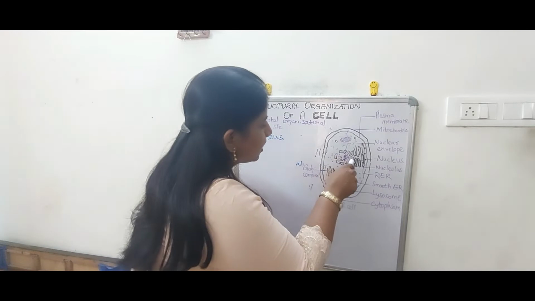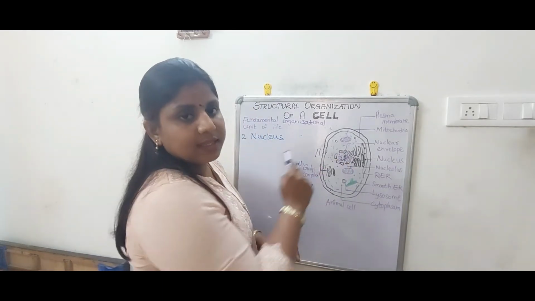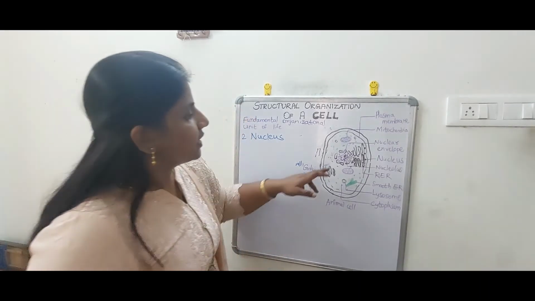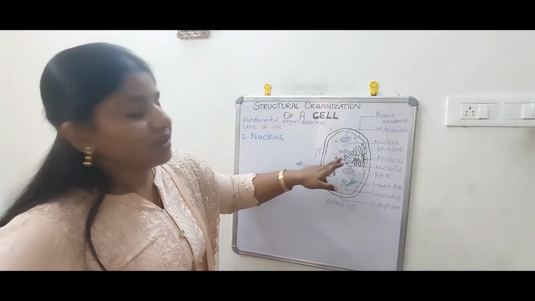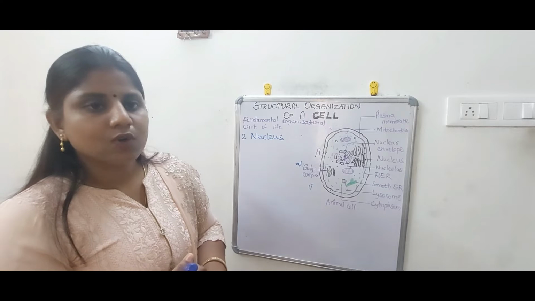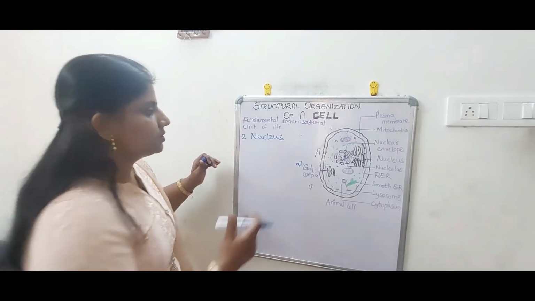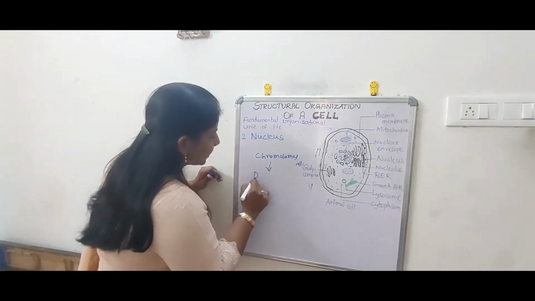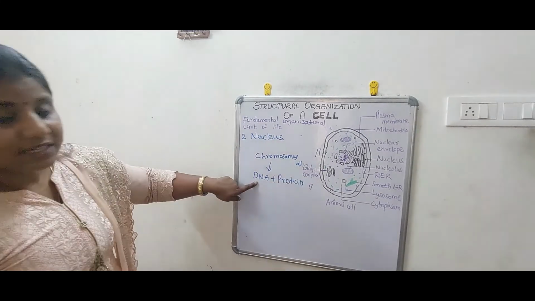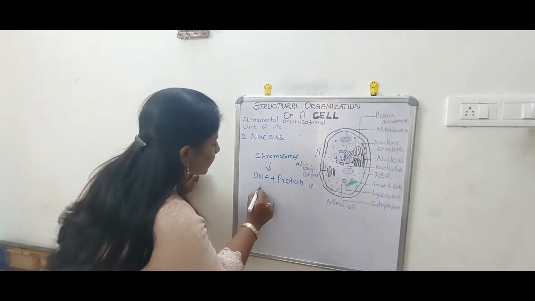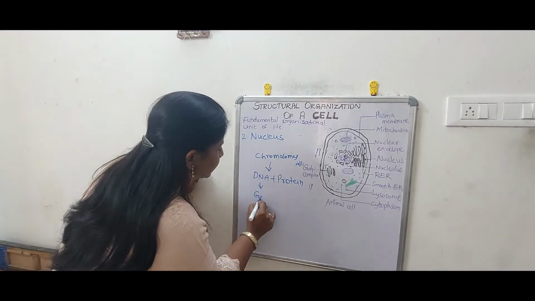Inside this nucleus, there is a fluid-filled substance called nucleoplasm. Inside the nucleoplasm, we can see chromosomes as well as some proteins. Inside the chromosomes there are DNA plus proteins. In this DNA there are some functional substances, we call them genes.